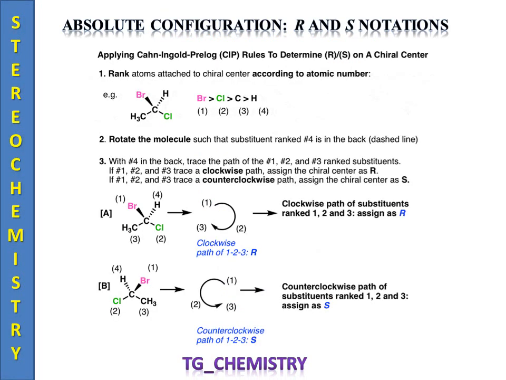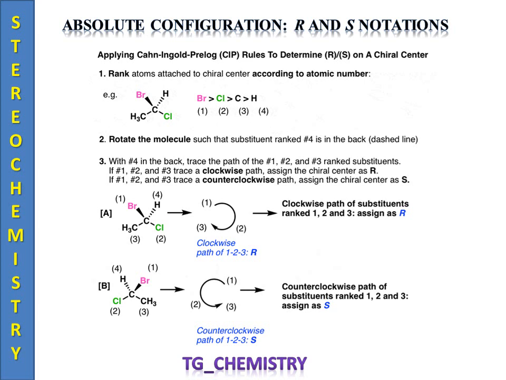Now, for the absolute configuration, R and S notations, how should we apply the Cahn-Ingold-Prelog rules to determine the RS nomenclature on a chiral center? The first thing we need to do is rank the atoms attached to the chiral center according to atomic number. For example, for the compound 1-bromo-1-chloroethane, you can see the 4 attached groups are bromine, chlorine, hydrogen, and a methyl group.